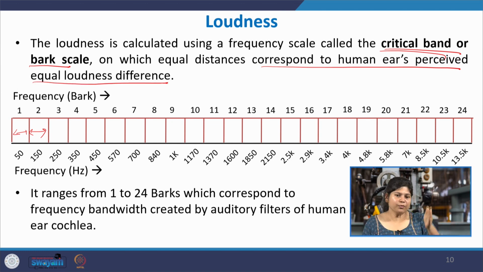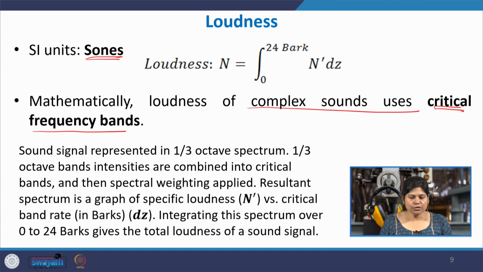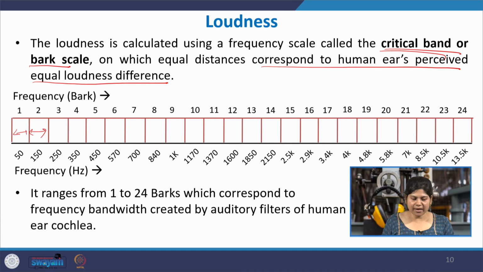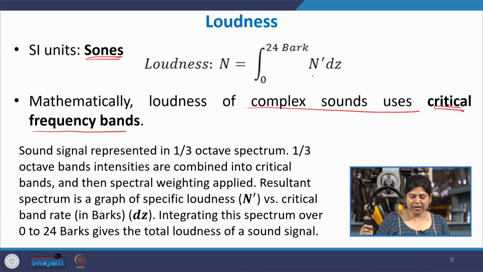So, as you jump from one band to another band in this Bark scale, it is like jumping from one loudness value to another. So, it is like a scale where loudness is increasing linearly. So, what happens in this critical scale? You simply integrate.